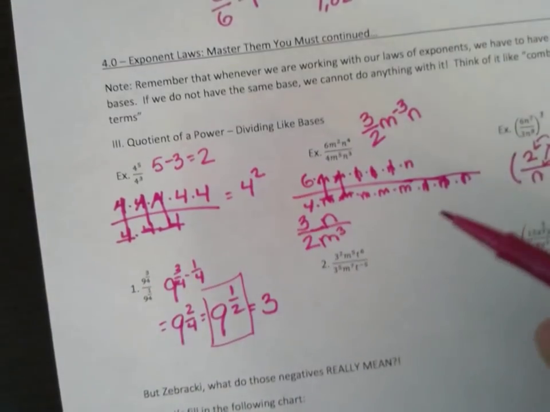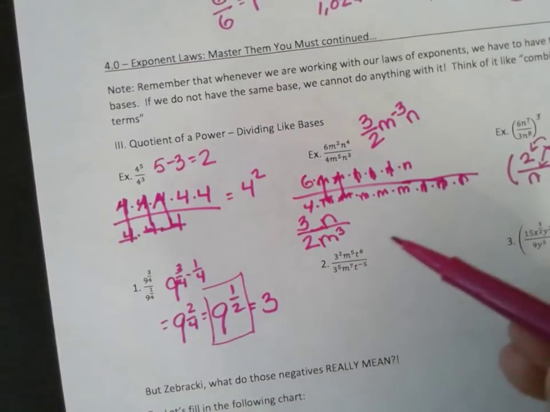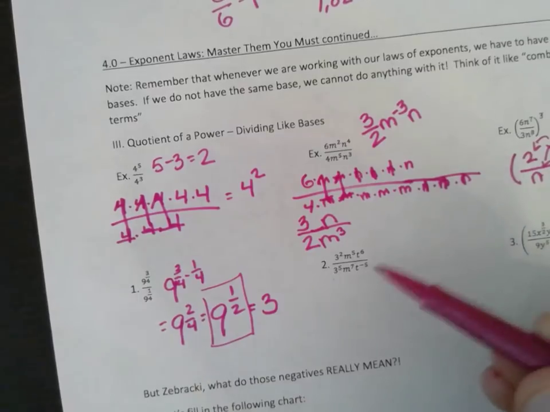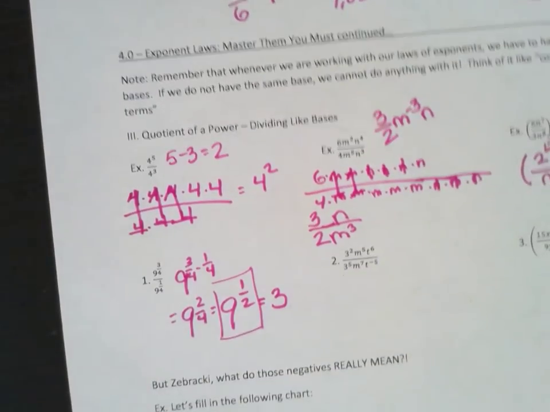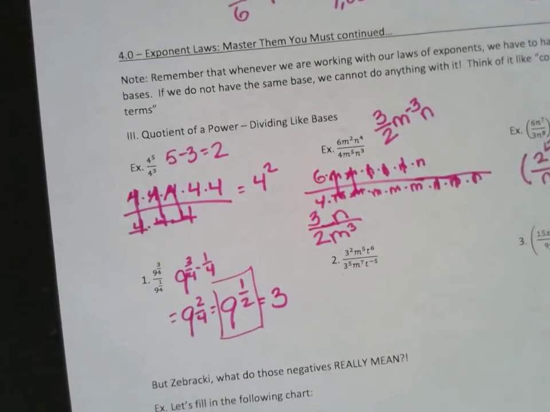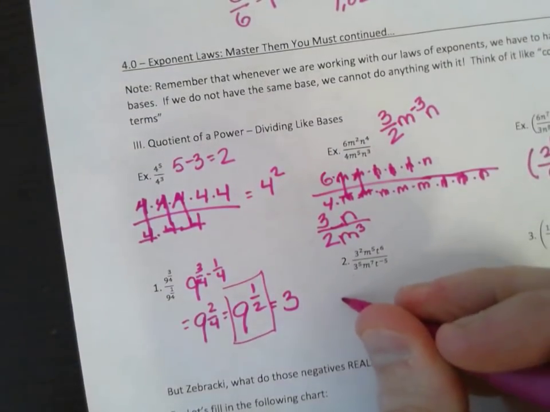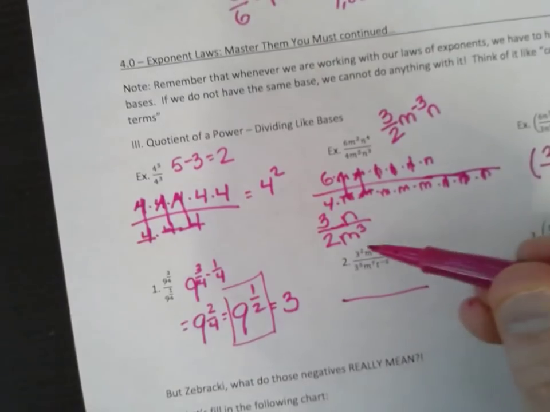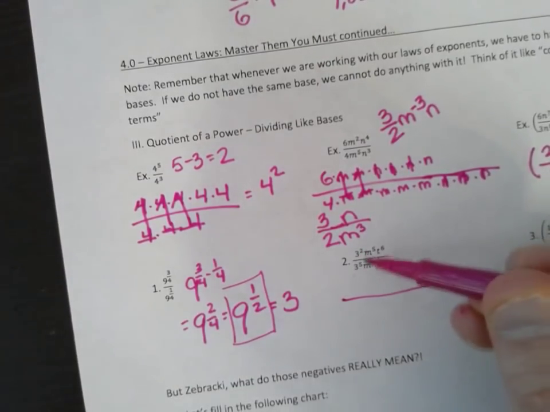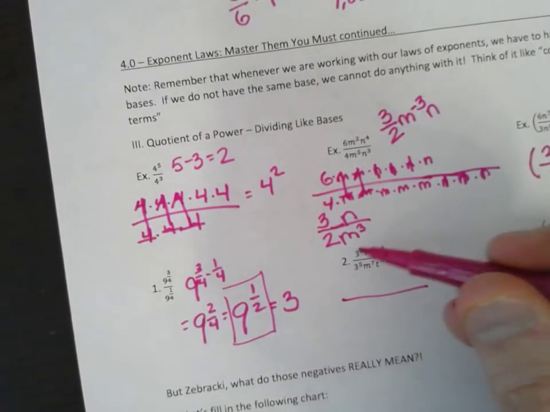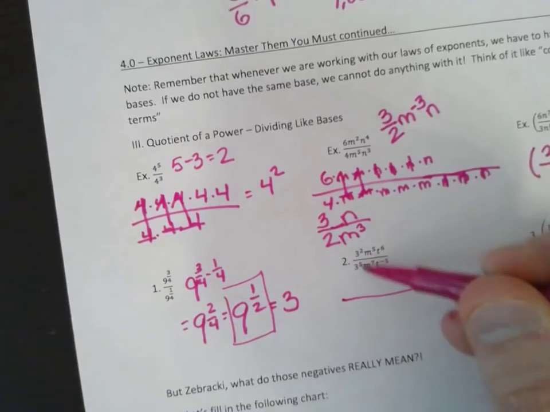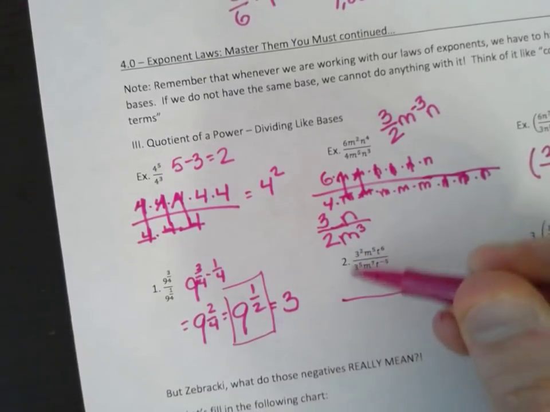Next, 3 squared m to the 5th t to the 6th over 3 to the 5th m to the 7th t to the negative 5th. So, in this case, I'm going to start working with my quotient rule. I know I have 2 factors of 3 in the numerator. I have 5 factors of 3 in my denominator. If I take away 2 of these factors here and here, I have 3 factors left down here.